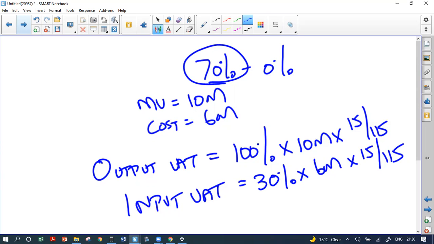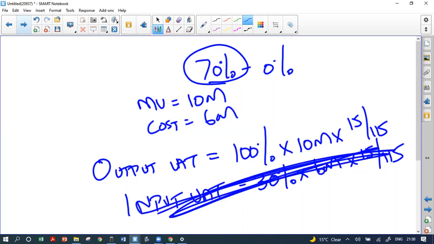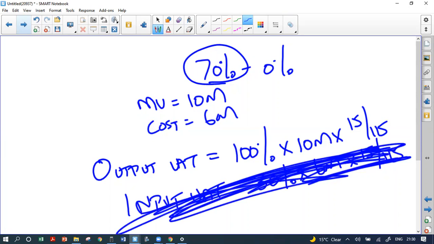And if you haven't been able to claim all of the VAT on the goods before, you can now claim the portion of input VAT that you didn't claim. If the machine was destroyed, guys, there wouldn't be an input VAT claim, and output VAT would just be on 70% based on what I've done.